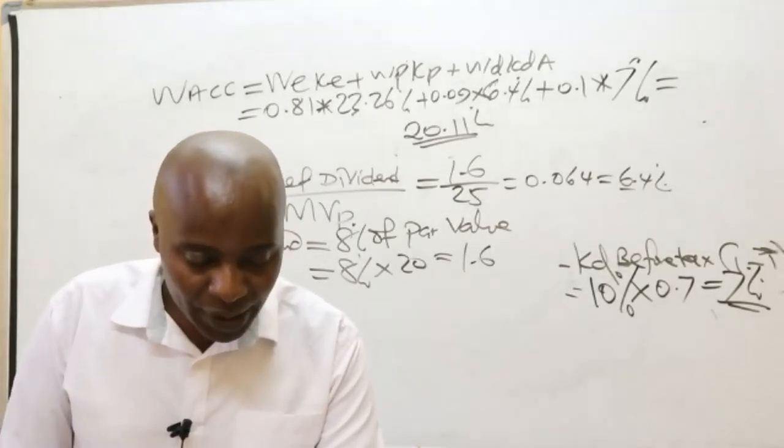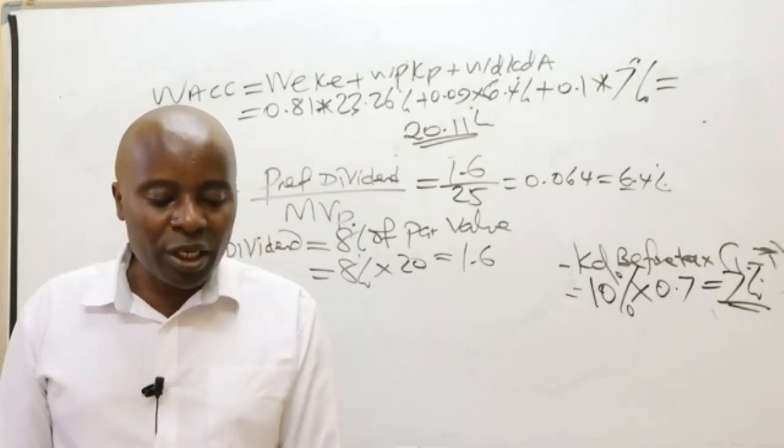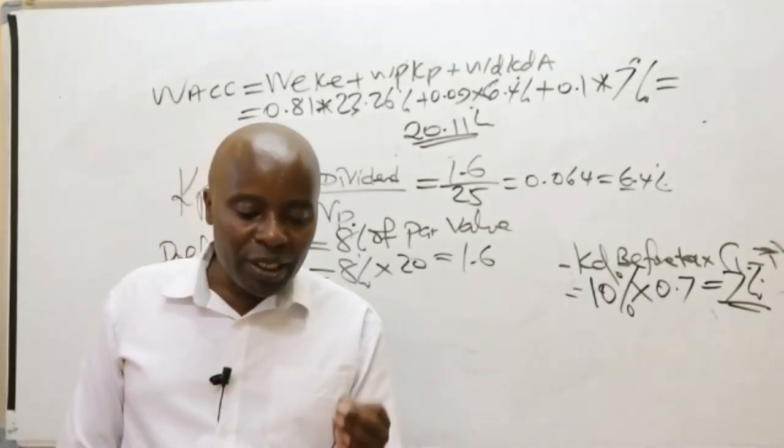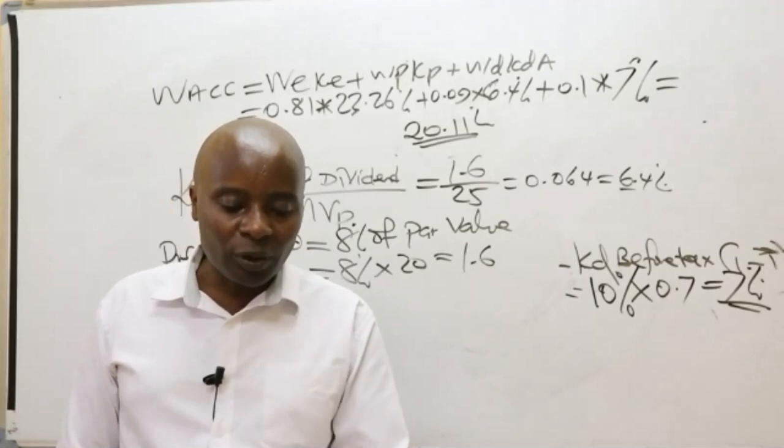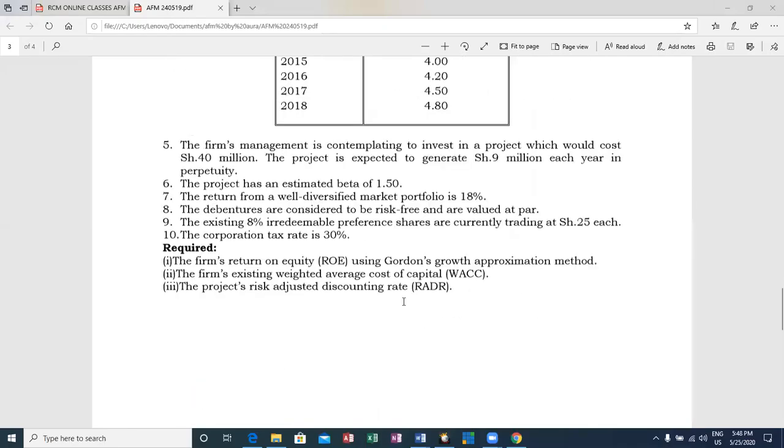Look at Roman 3. Roman 3, they want us to give them the project risk-adjusted discount rate. So they want us to give them the RADR. Who is able to remember this RADR's formula? RADR formula.